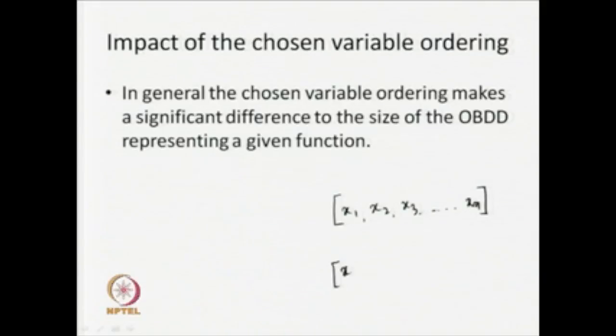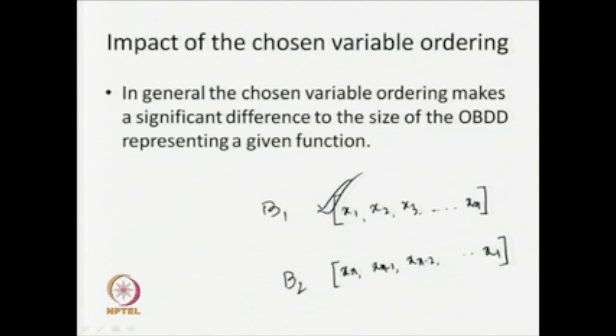Secondly, I can say xn, xn minus 1, xn minus 2, like that up to x1. This may be another variable ordering. With the help of the first variable ordering, I can get a BDD, which I will call B1. And with the help of the second variable ordering, I can again have a BDD representation of the given function, which I call B2.